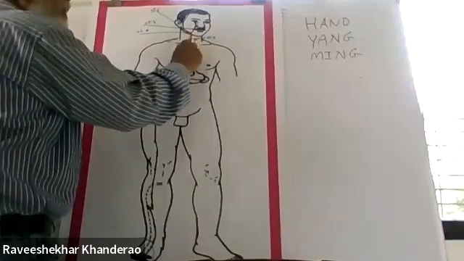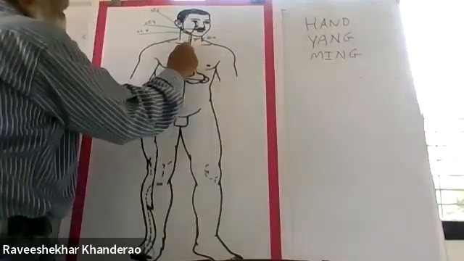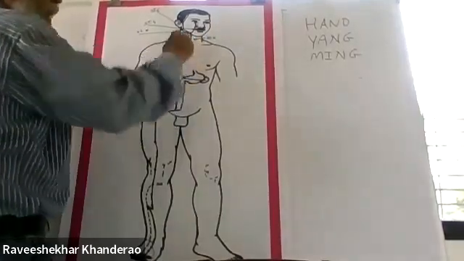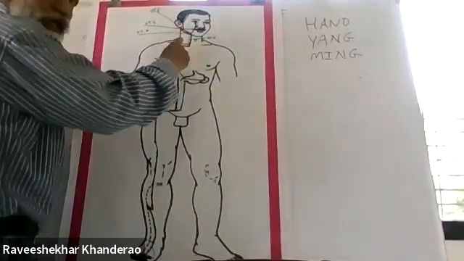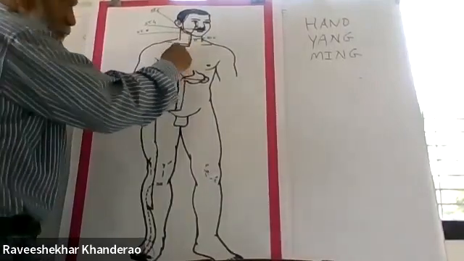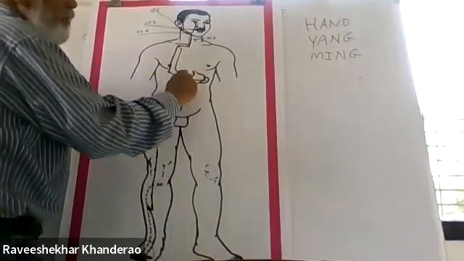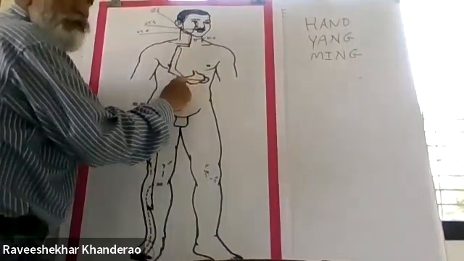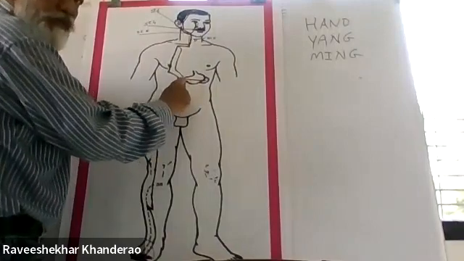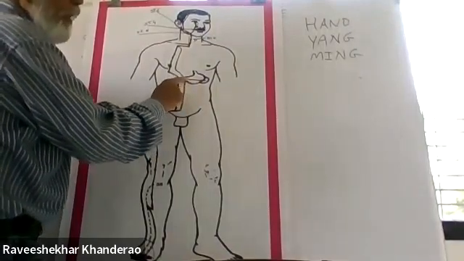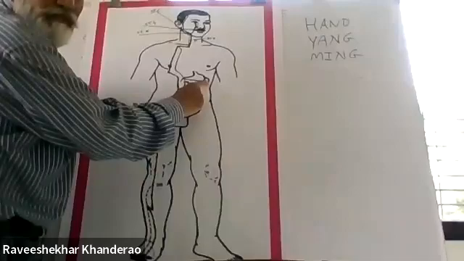It enters the supraclavicular fossa, and one branch goes internally. It then goes to its own organ, stomach, and connects to the spleen.